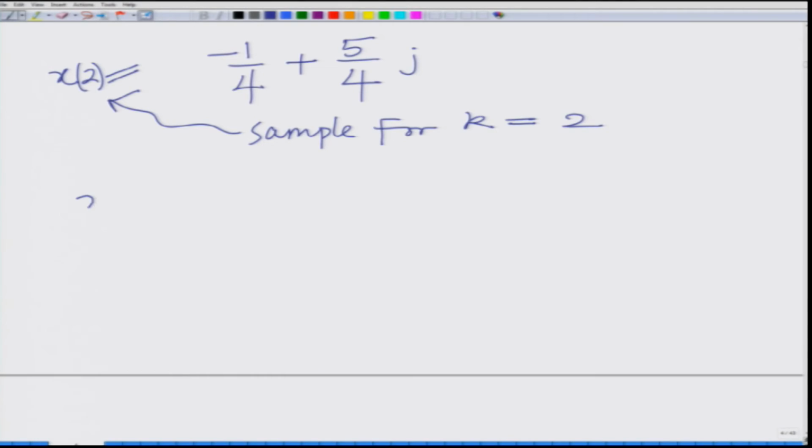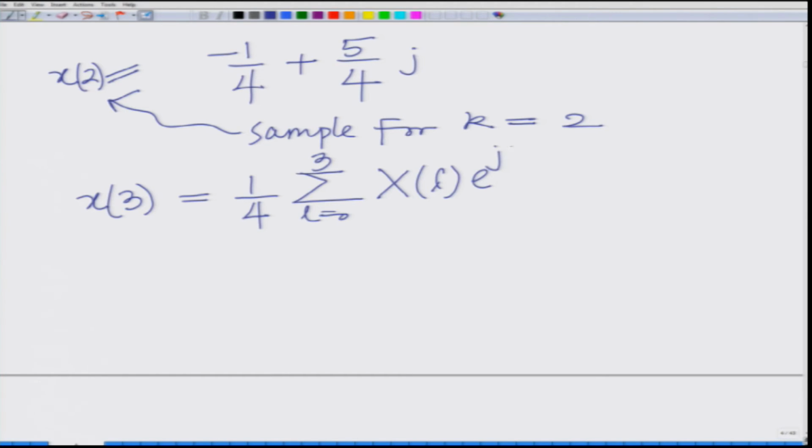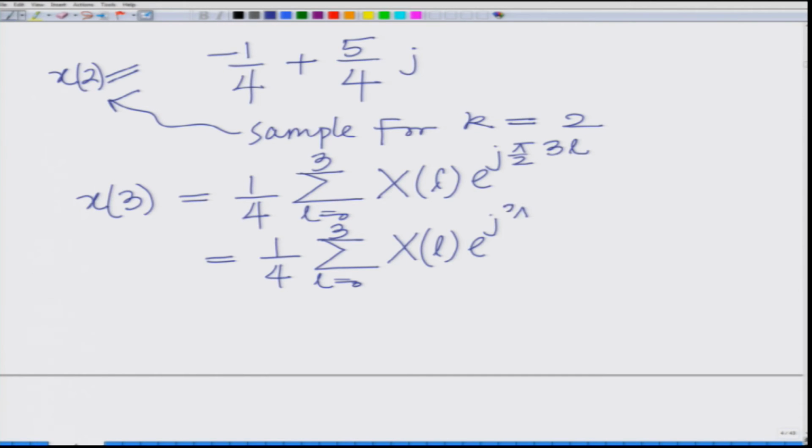So, this is x of 3 equals 1 over 4, again summation L equal to 0 to 3 XL e power j pi by 2 3 times L, which is 1 over 4 summation L equal to 0 to 3 XL e power j 3 pi by 2 times L.